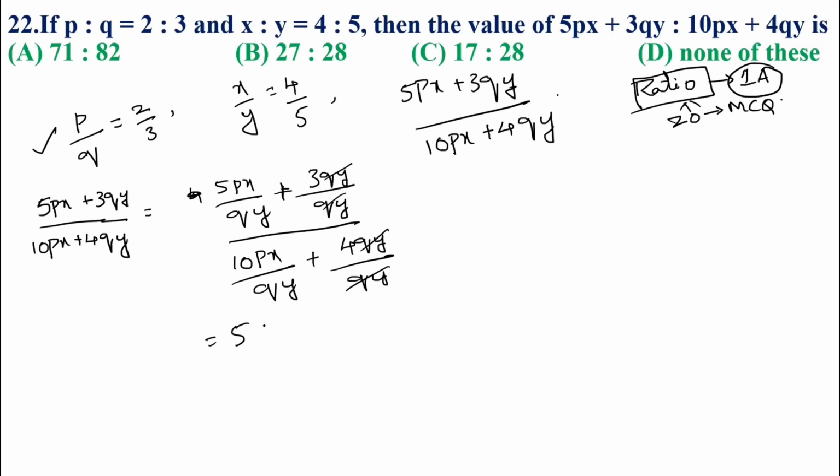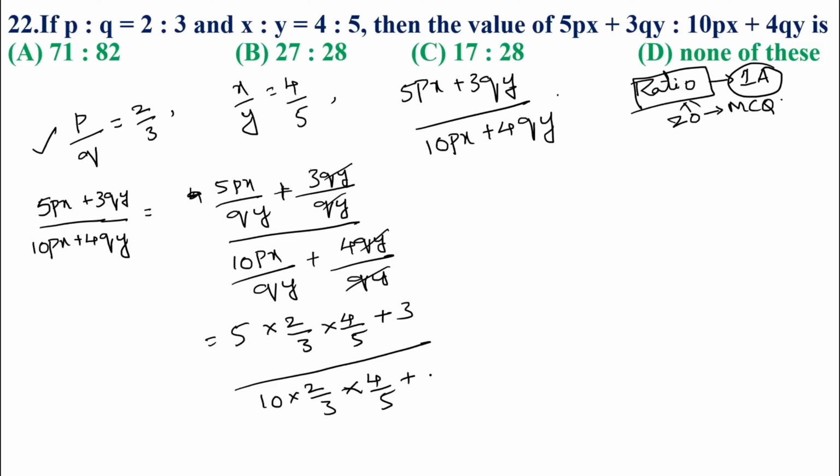Then this will become 5 into 2 by 3 into 4 by 5 plus 3 by 10 into 2 by 3, 4 by 5 plus 4. Here 5 gets cancelled.